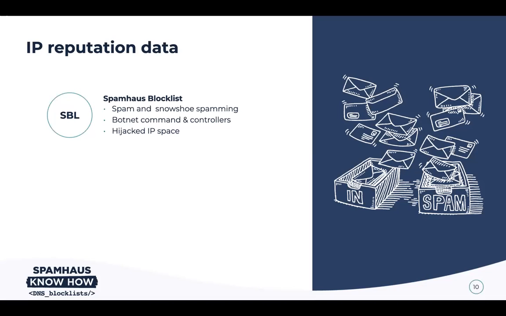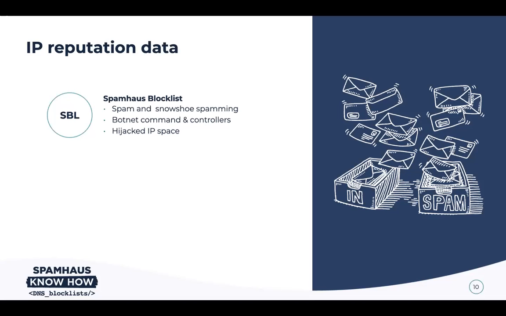And its main characteristic is that it is thought to, first of all, inform the network owner of what we're seeing and the problems we are seeing, because the end goal for the SBL is not only allowing consumers of the list to block stuff, but also notifying the existence of a problem to the network owner so that the problem can be remediated.